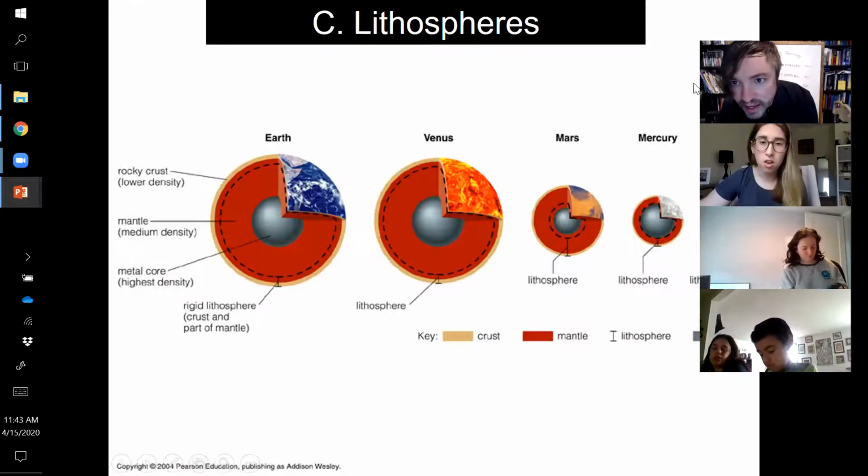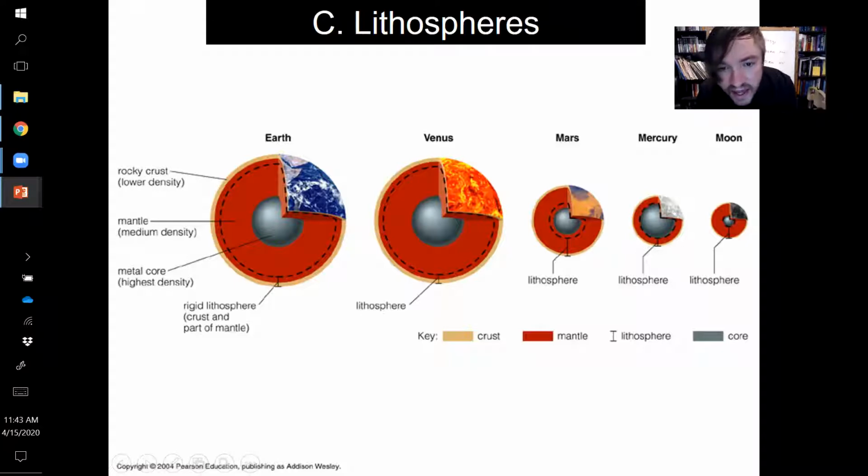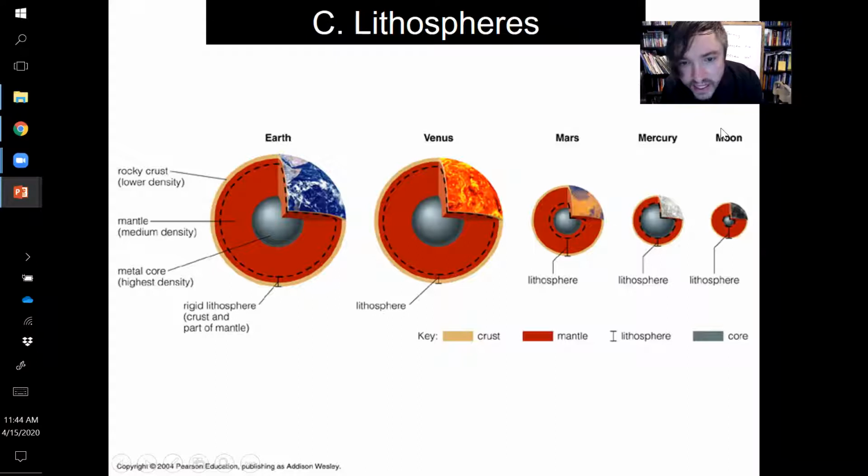Let me minimize all your faces for a second. This is a hybrid picture showing the different methods of layering the terrestrial planets by density, but superimposed over it is a dashed black line, which shows the depth of the lithosphere in each of these planets. Now let's see if we can come up with some takeaways.